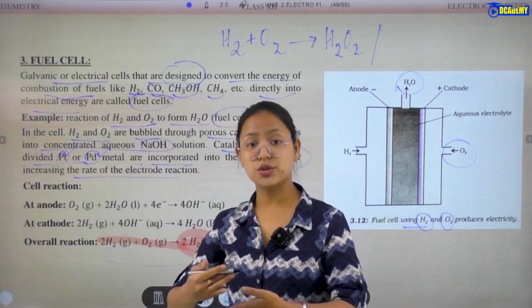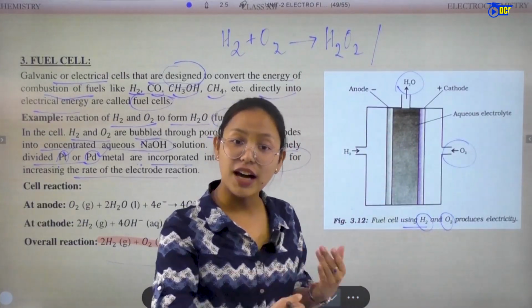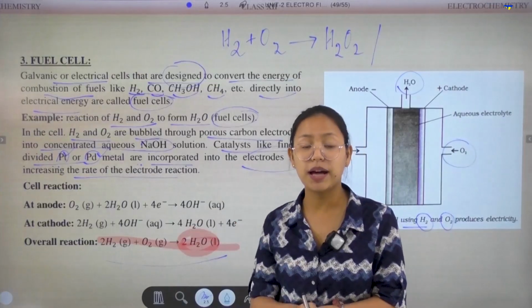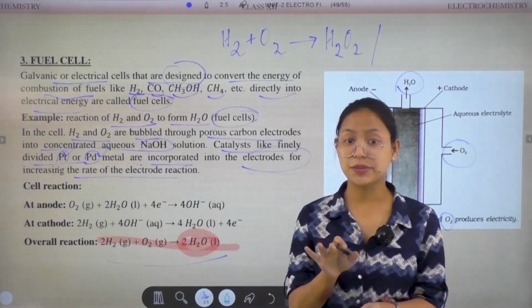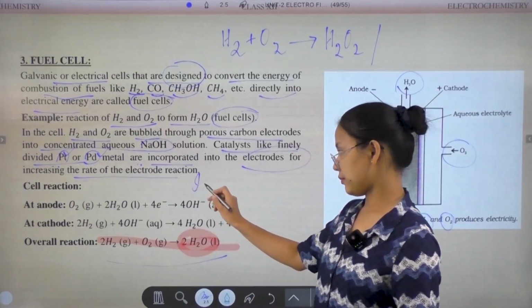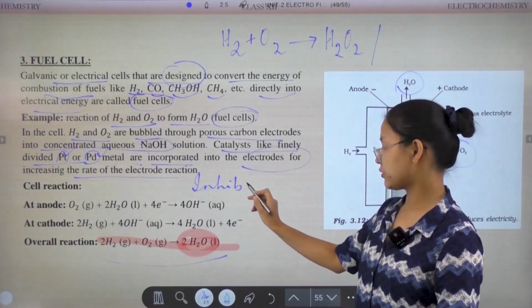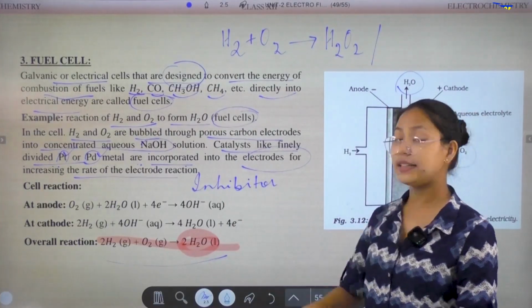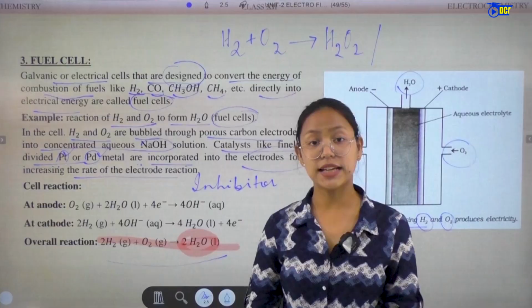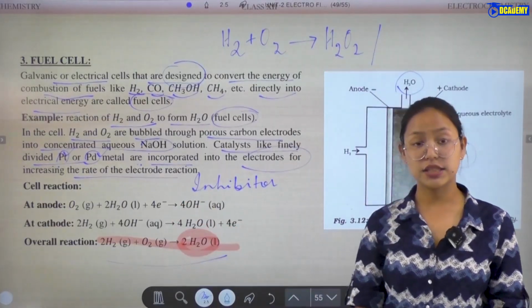A substance that slows the reaction is an inhibitor, or negative catalyst. So let's see the cell reaction.